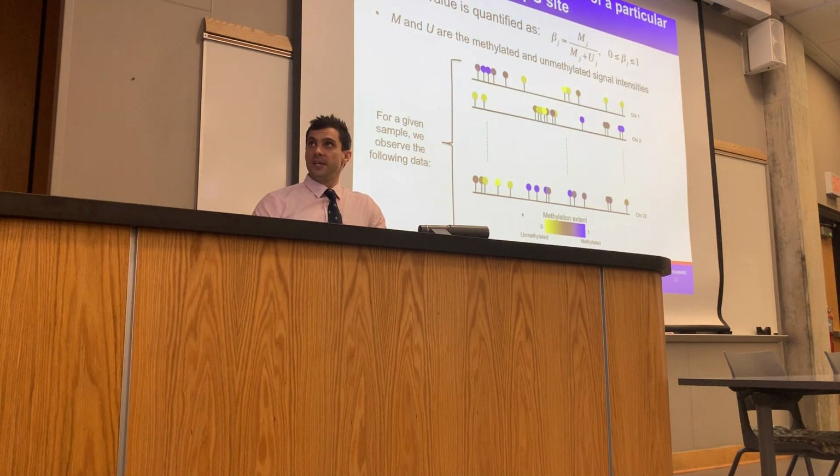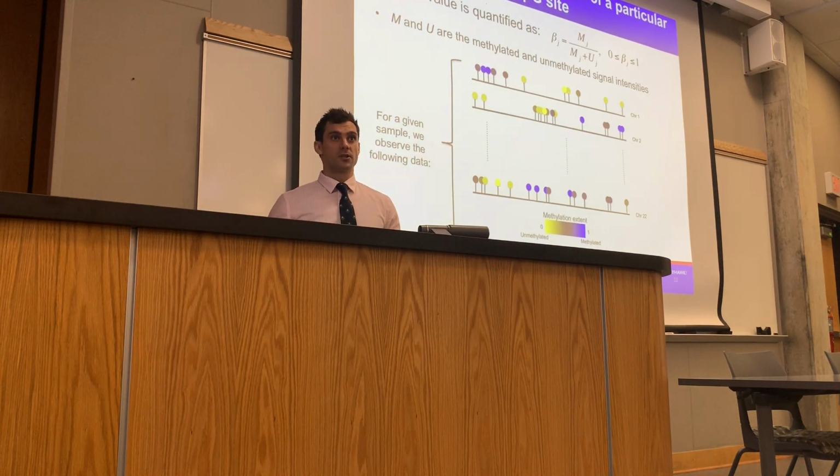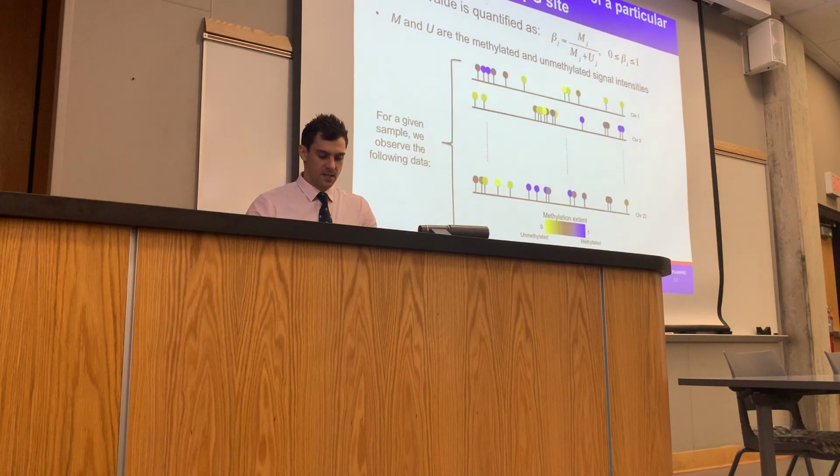So yellow is indicative of an unmethylated CpG, and blue is indicative of a methylated CpG, and black is kind of somewhere in the middle. So this is what the data actually look like that we obtain. Now this blue-yellow color scale is something that I'll use throughout the remainder of this presentation. Just know that yellow is unmethylated and blue is methylated. Black is somewhere in the middle.